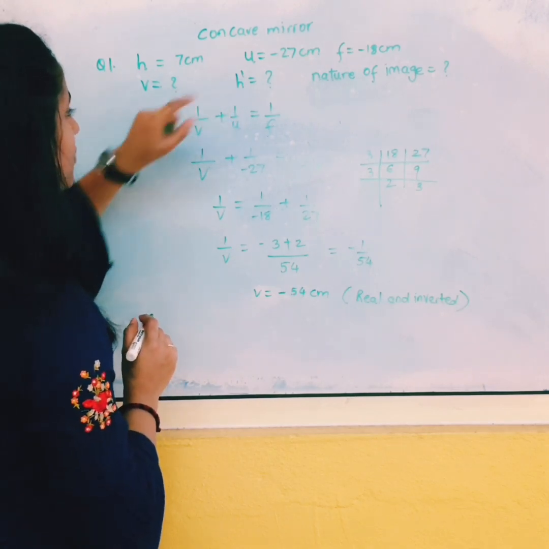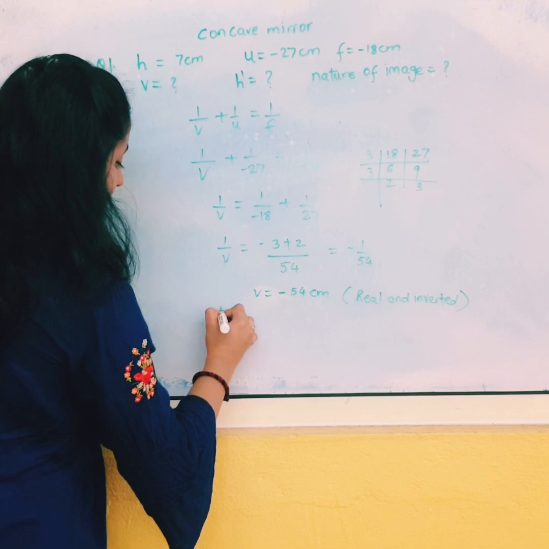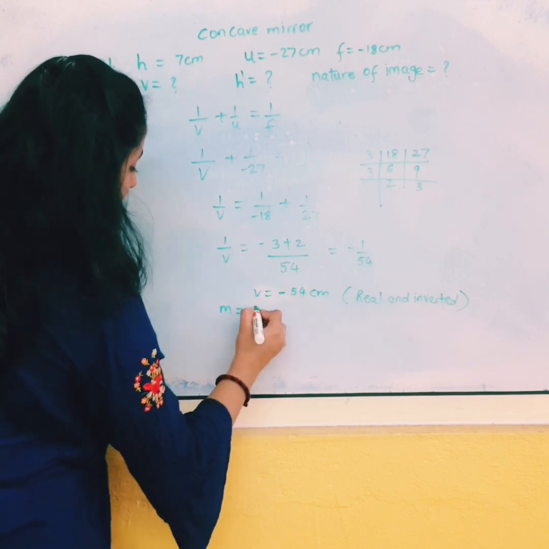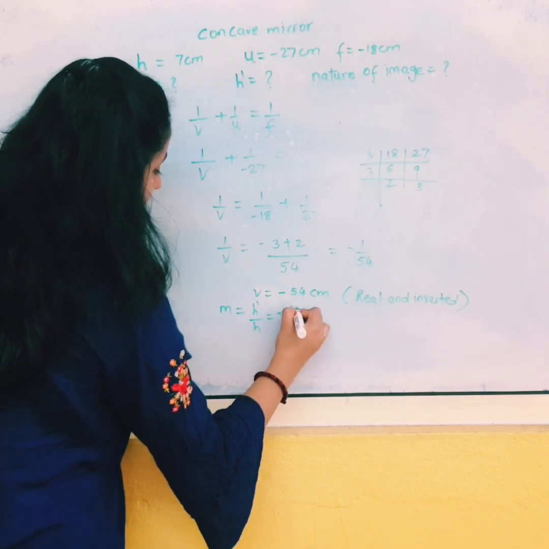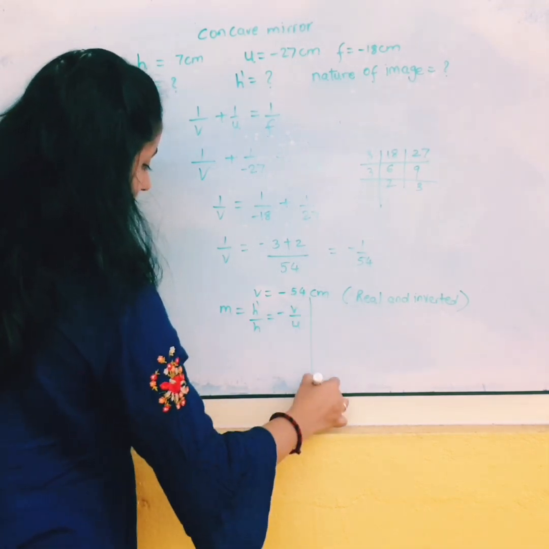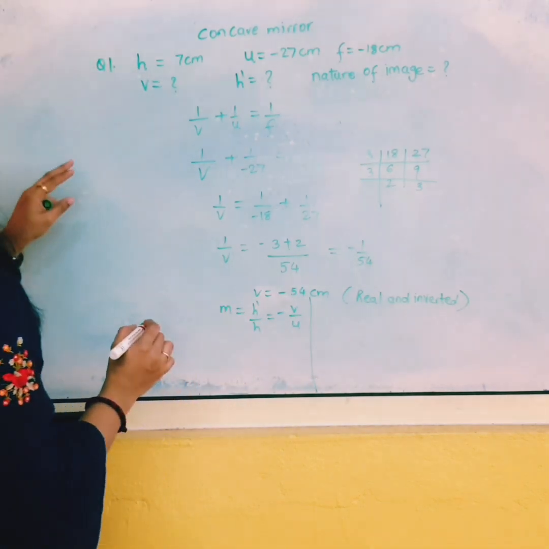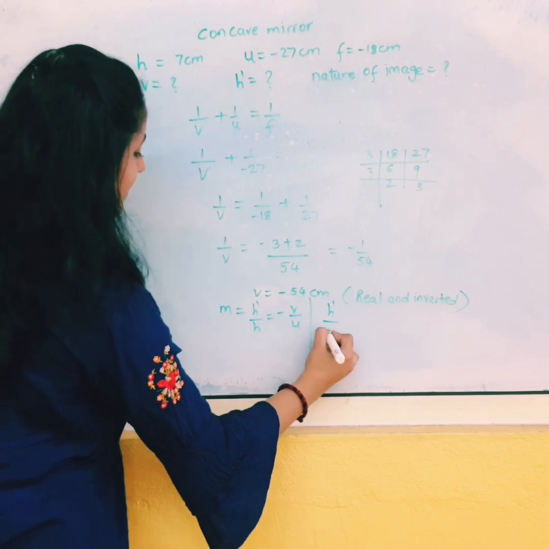Now we are supposed to find the size of the image. So for that you need to use the magnification formula, which is m is equal to h dash upon h is equal to negative v upon u. Here h dash is not given, h is given.